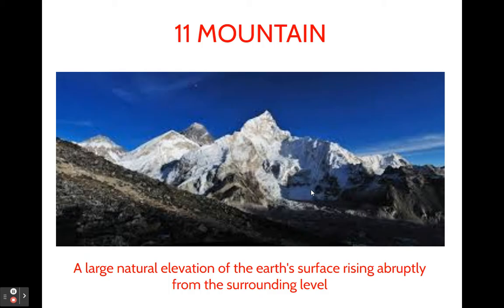11, mountain. Again, another one we probably know. You've either seen a mountain on TV or been to the mountains or whatever it may be. A mountain is a large natural elevation of the Earth's surface, rising abruptly, meaning quickly. So it's not gradual from the surrounding level. If you've been out to the Rocky Mountains, if you've ever driven that, you get west of Denver and it quickly climbs and climbs and climbs, and the area around you, you start to see the mountains.